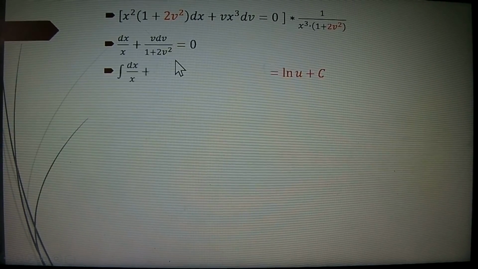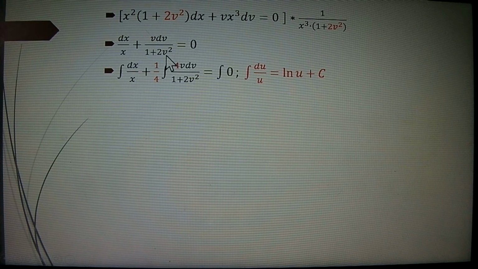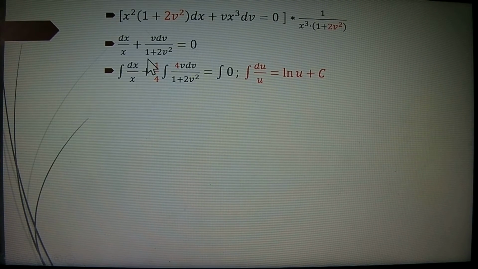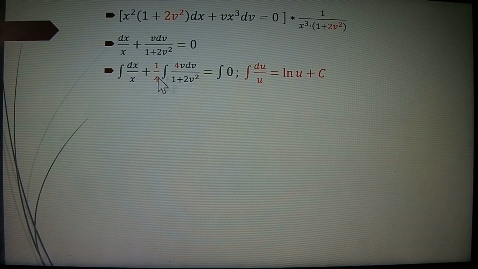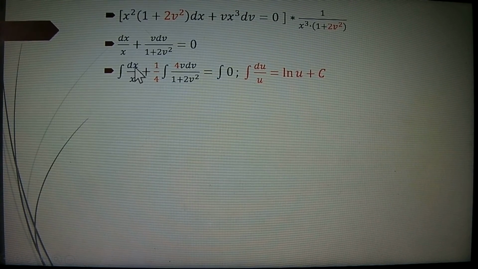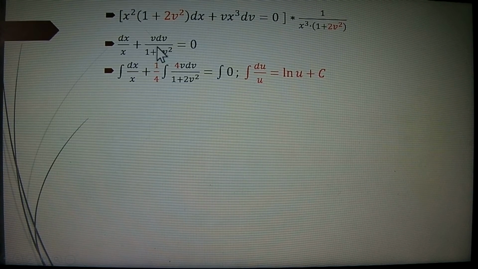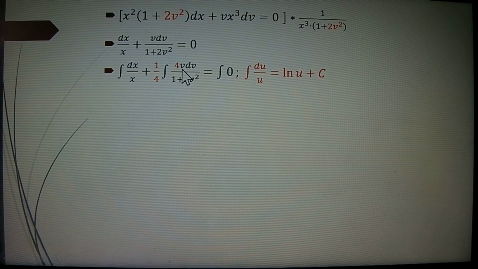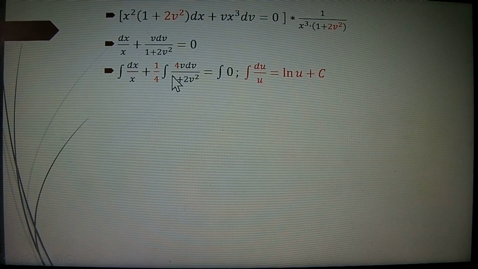And then we apply now the integration. We have to check first before applying the formula du over u equals ln u plus c. We check the derivative of x. The derivative of x is 1, so therefore check. While the derivative of 1 plus 2b squared is 4b, so we need to add a 4 and a 1 over 4 to balance the equation.